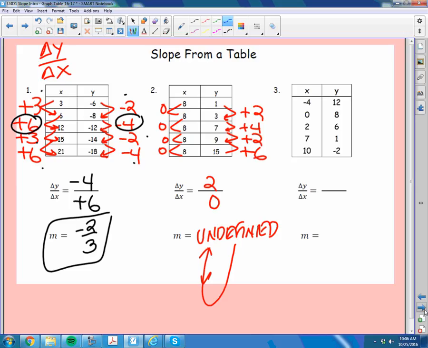Find number 3 on your own. Find the changes in x's, the changes in y's, pick corresponding, changing y over changing x, simplify it, be done.